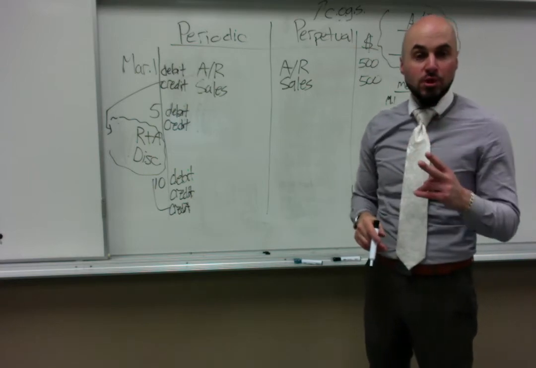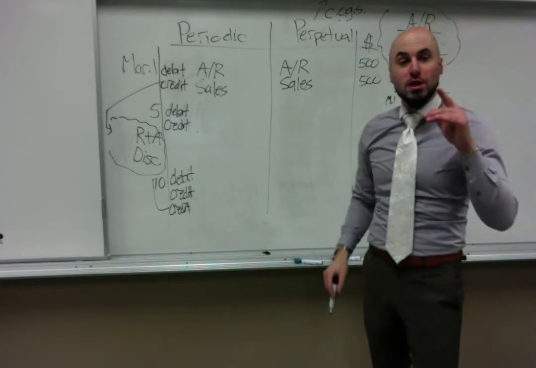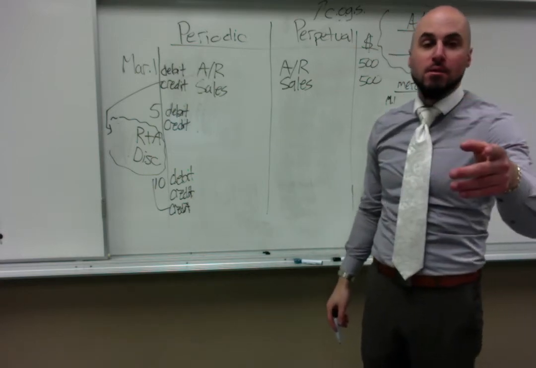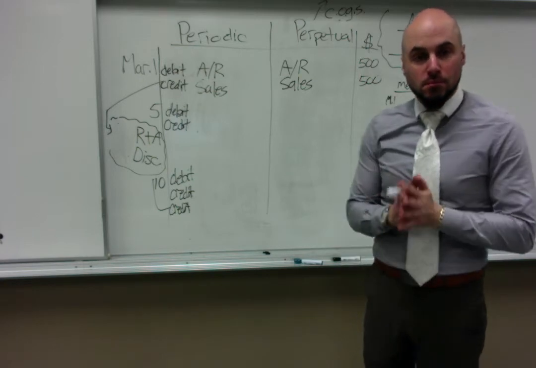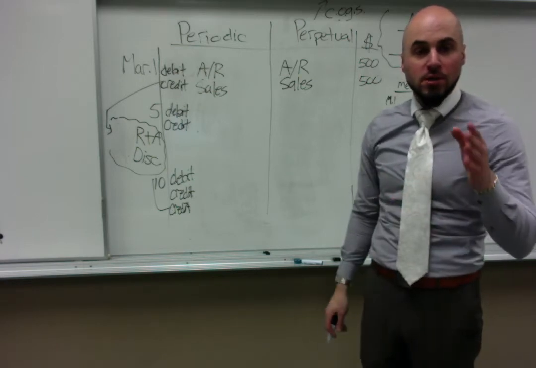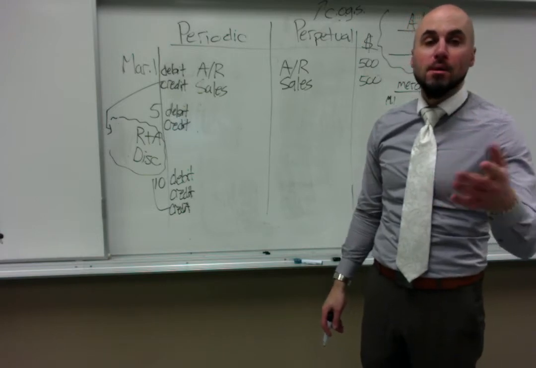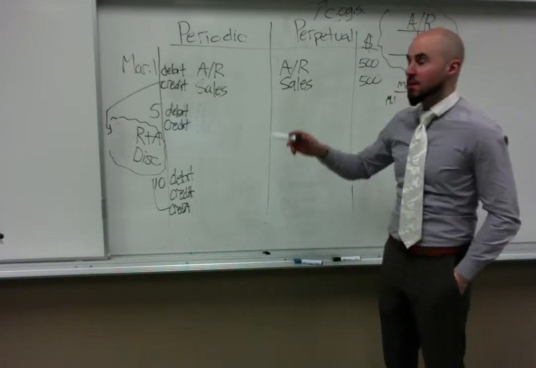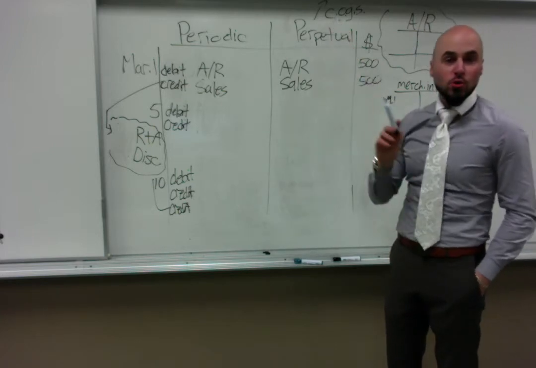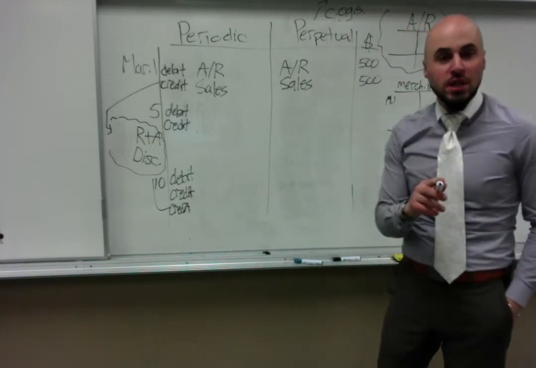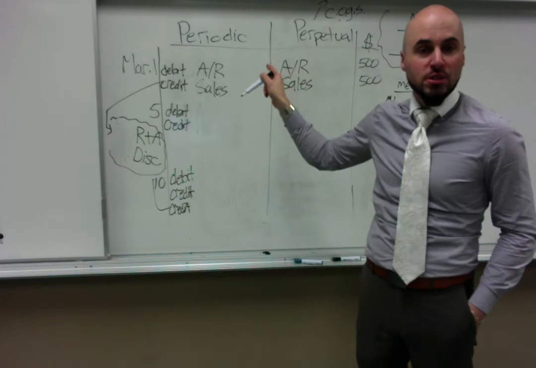A second entry to record, wow, exactly, cost of goods sold. That's the association in the perpetual system.